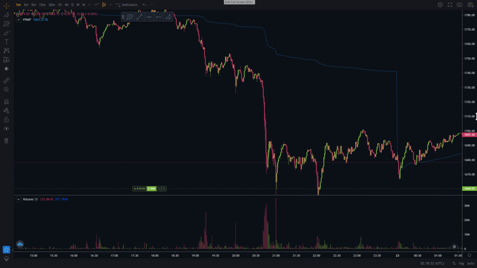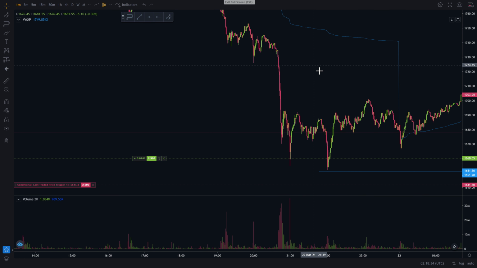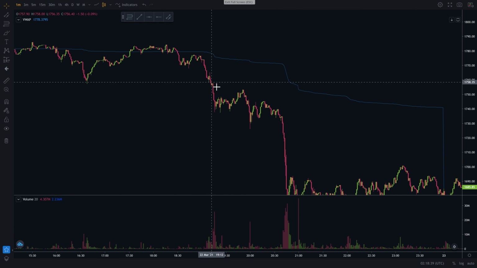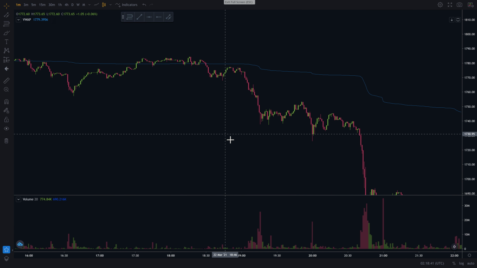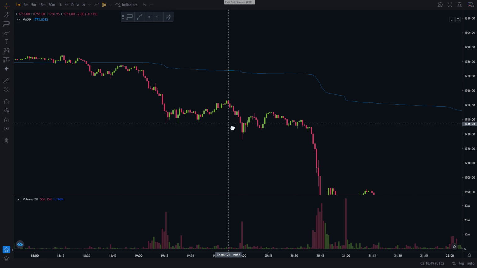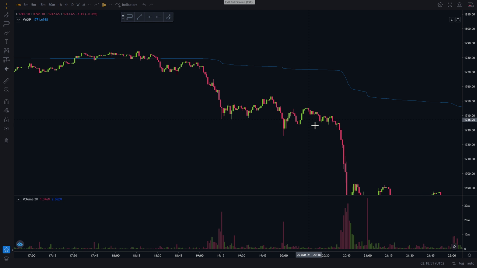So you just have to be patient, because we already had, for example, here a huge spike of volume, but the price was really not doing much. So if you would enter here, you would make some money, but not much, because we didn't reach technical levels.